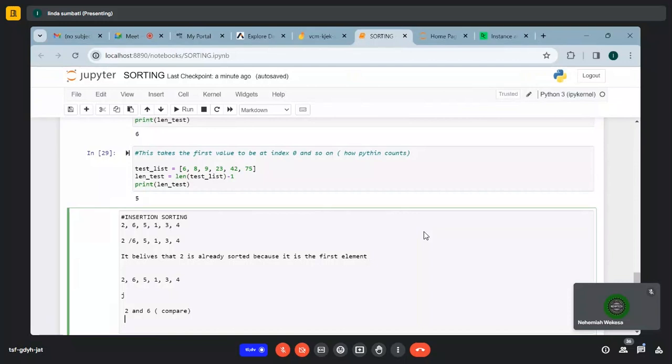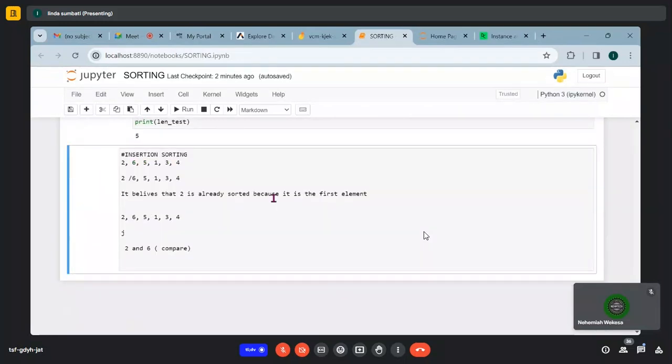So I want you to understand that you look at the second element because it believes the first one is already sorted. You see? So you take this one, you compare it with the previous one. That is the goal. Like you take 6, you compare it with 2. Then if you realize that the second element is greater than the first element, it will remain the same. You'll not do anything. I hope you have understood.